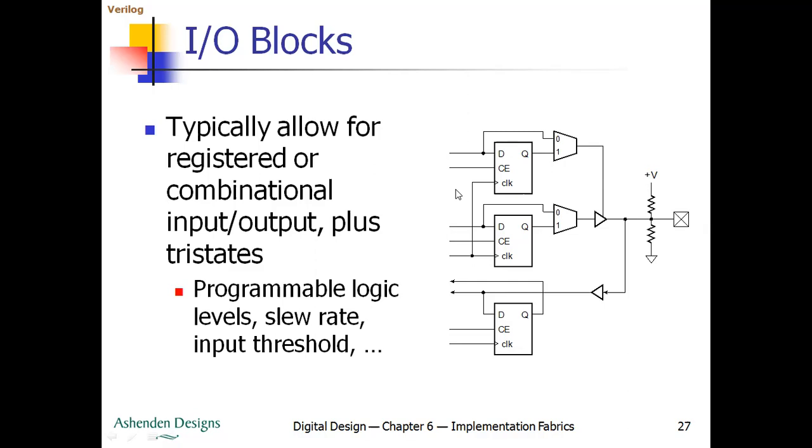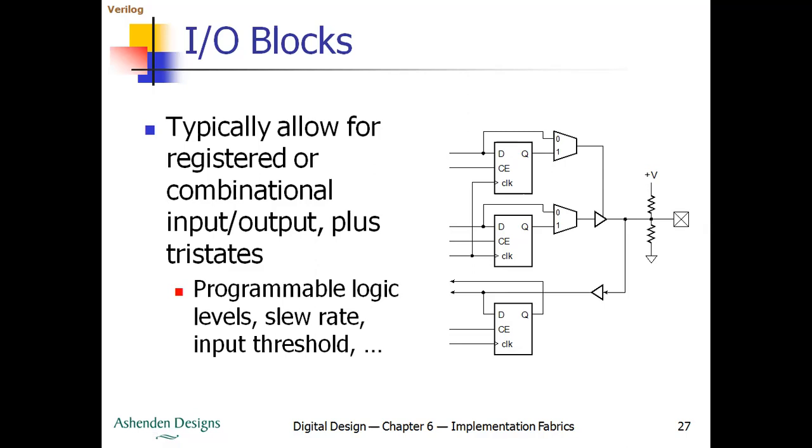So the output from the logical blocks can flow through the buffer as the unregistered output, and you can also have the output through the register or D flip-flop and through the multiplexer to the output register.